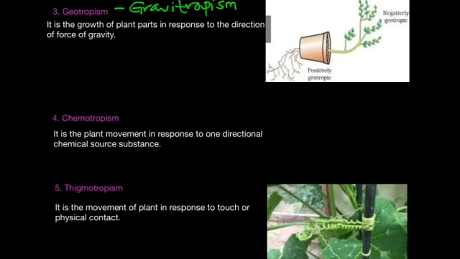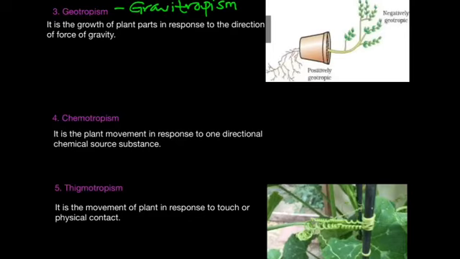So, what do you think? Would you say the shoot is positively geotropic, or negatively geotropic? Now, remember, the shoot always grows towards the sky, so we'll say that the shoot system is negatively geotropic, while the root is positively geotropic, because the roots always grow towards the source of gravity.